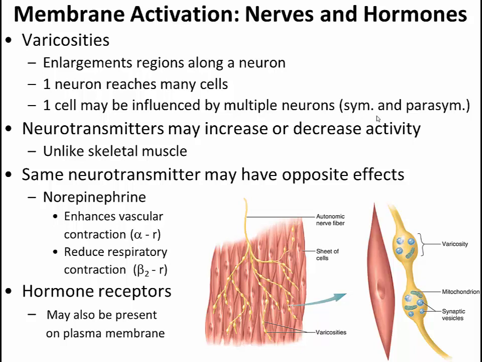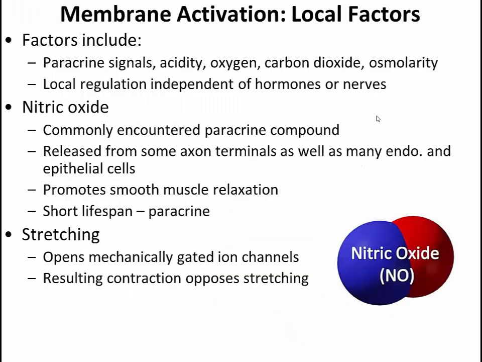Hormones may also have receptors present on the plasma membrane of smooth muscle cells. For instance, smooth muscle cells found in the uterus are responsive to various hormones, most notably oxytocin, which leads to depolarization and contraction.